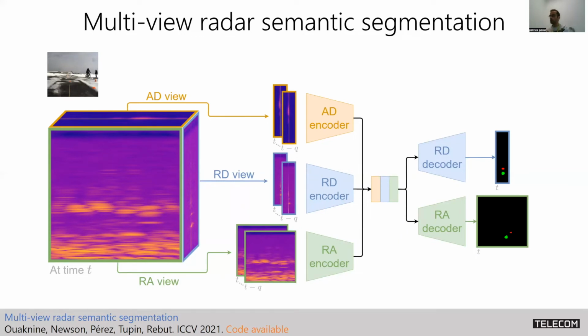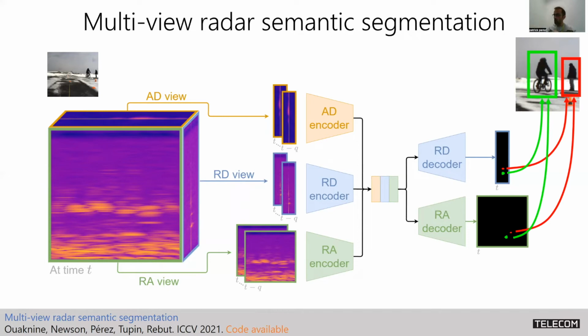Then you can relate what you have detected or segmented in the two views of the radar cube to actual objects in the visual scene. But this is just an illustration, to show that in this case it was successful, and to illustrate the use of this type of fully automatic annotation of data that is not so easy to annotate.